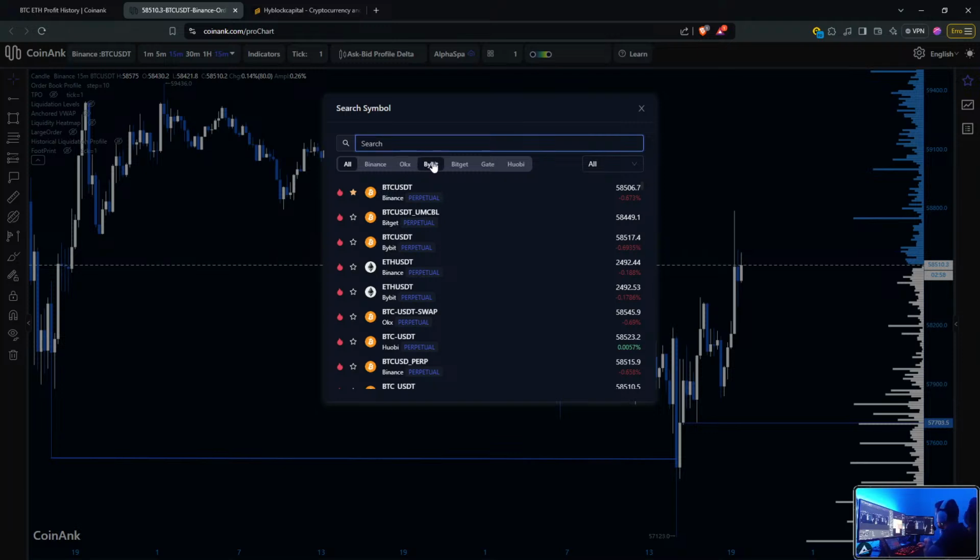But you do have other exchanges here, not all of them, but I would say these are probably the biggest ones, right? Except MXC. You will notice that MXC is basically non-present on almost all of the charting experiences out there, besides TradingView.